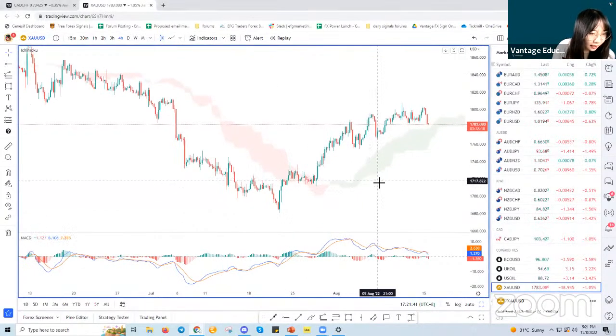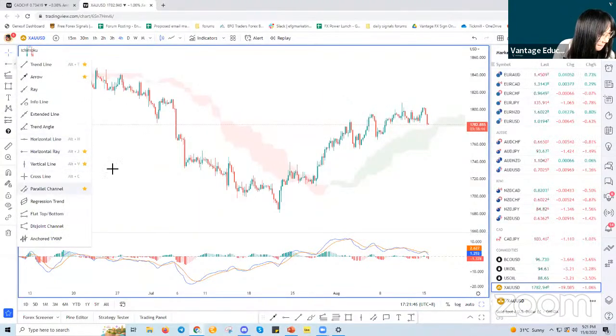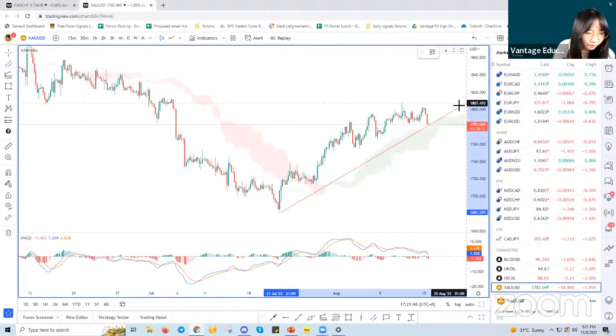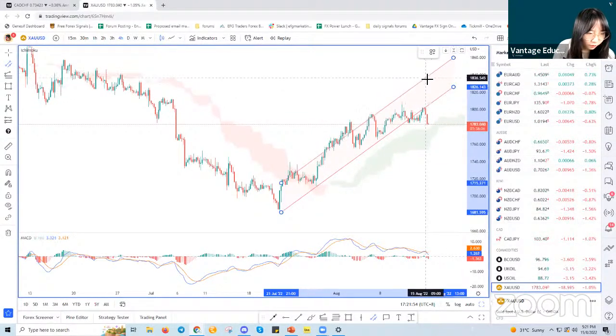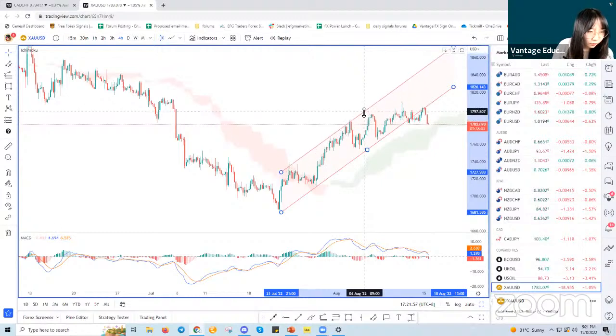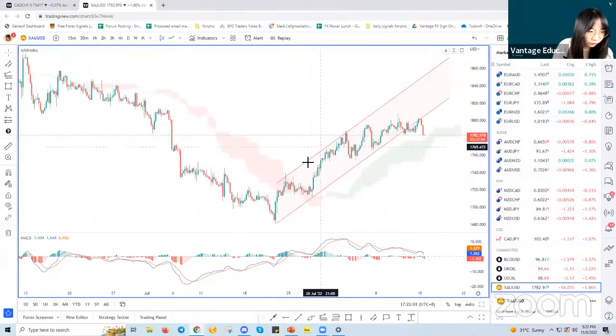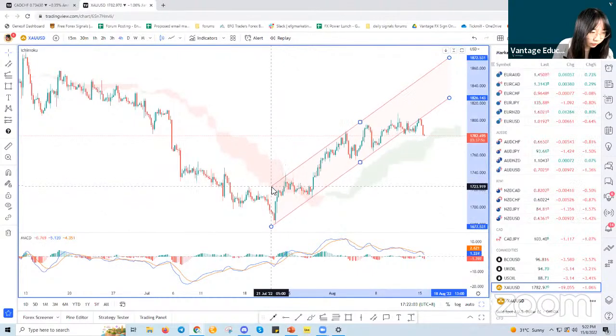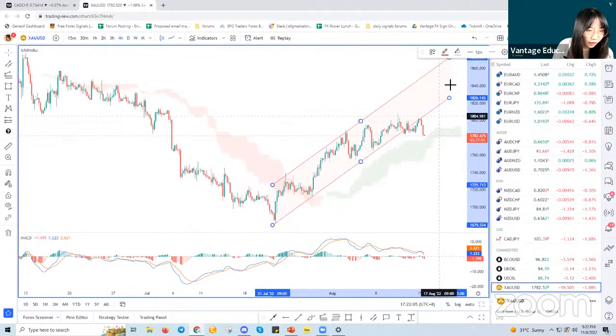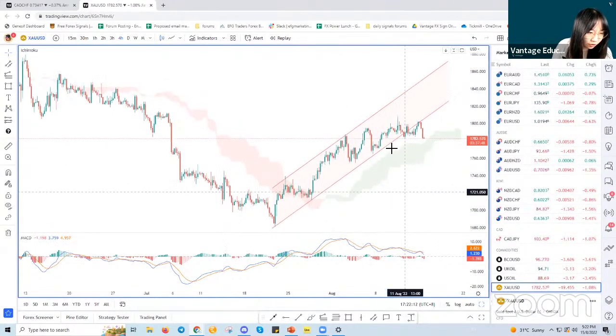In this case, I think we can try to find a channel here. Here is an ascending channel, but you can see the price has already broken this ascending channel.